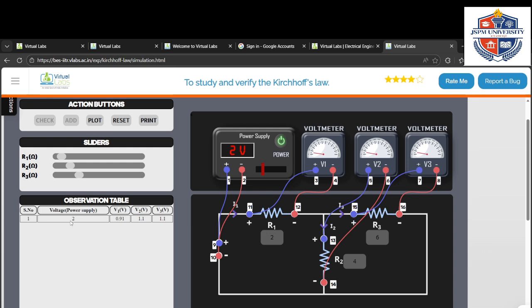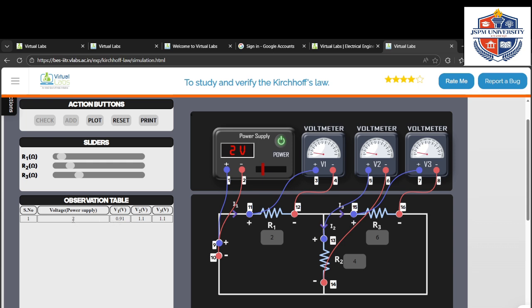So now we have applied 2 volt. See, I already told you V2 and V3 are both parallel, since R2 and R3 are parallel, therefore the two voltages are the same, 1.1 and 1.1. At the same time V1 will be 0.9. So if we add 0.9 plus 1.1, we will get approximately 2 volt, right?